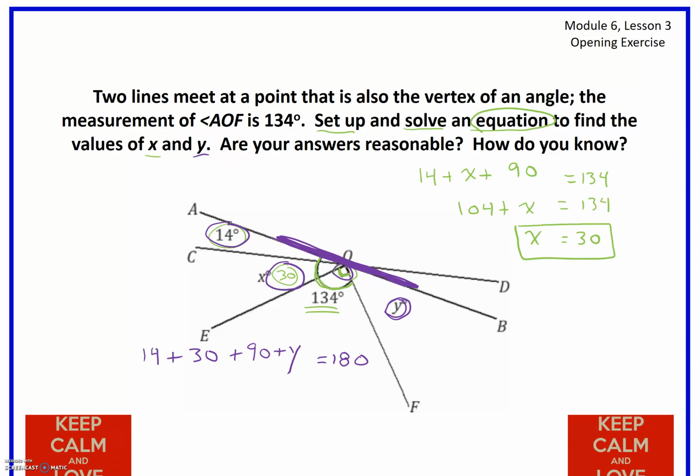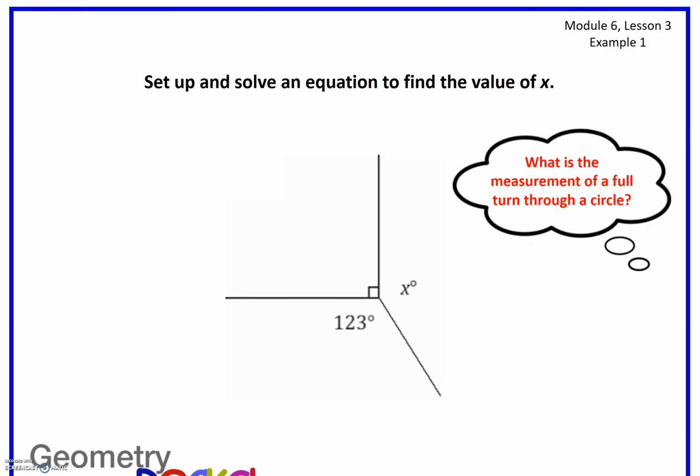So I have an equation that looks something like this: 14, 30, and 90 add up to 134, plus y equals 180. Subtract 134 from both sides, and y equals 46 degrees. Again, that's pretty logical that it could be 46 degrees. Alright, moving on to another problem.